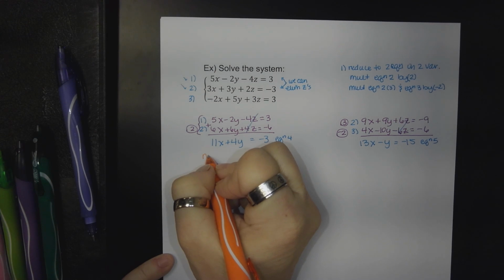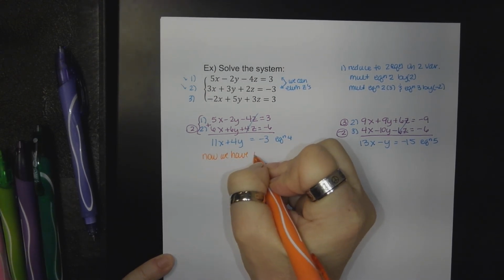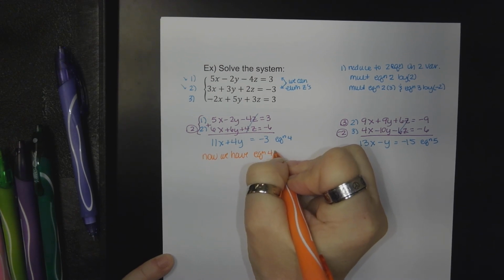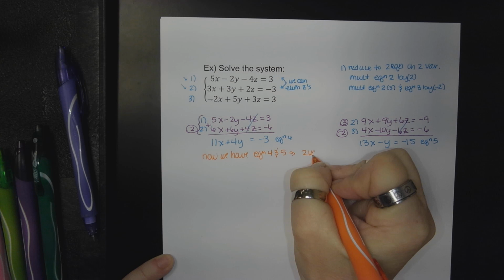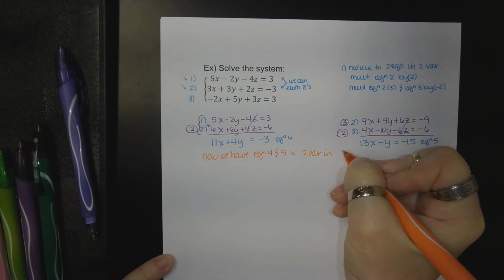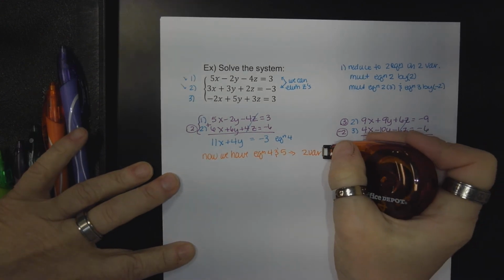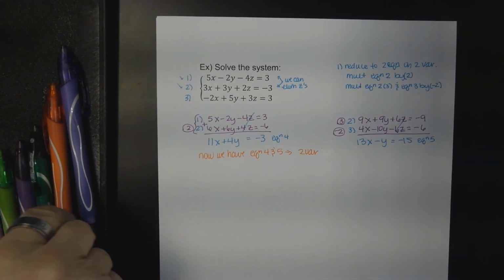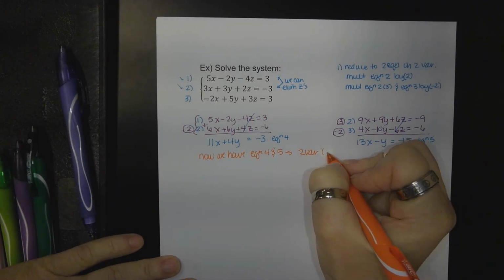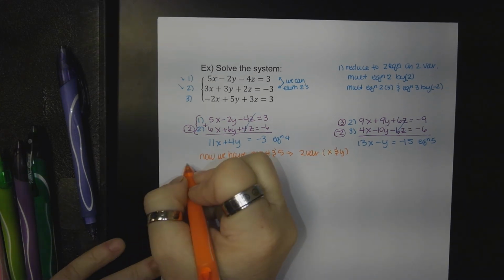So now we have equation 4 and 5, which are 2 variables. I should say x and y. That's no good on the tape. 2 variables, x and y. Okay, so now we can do step 2.